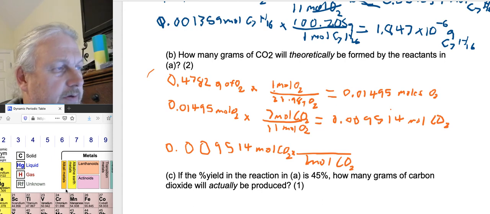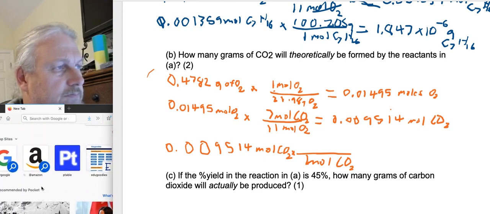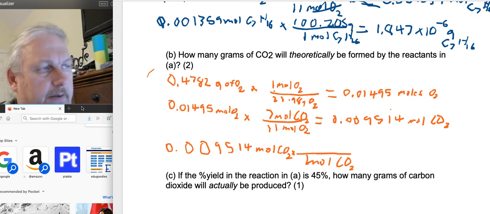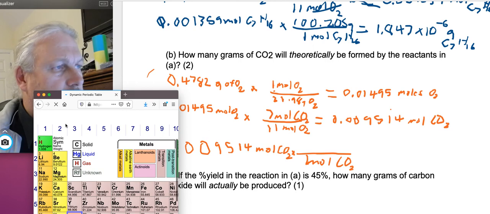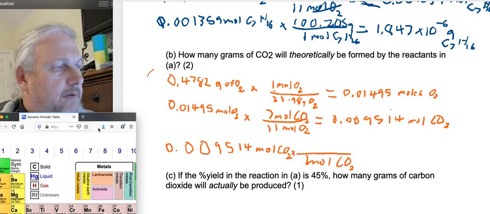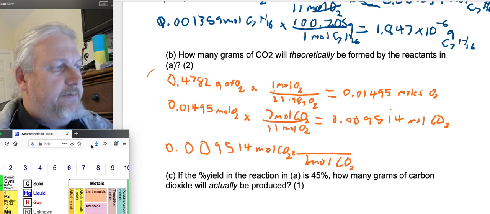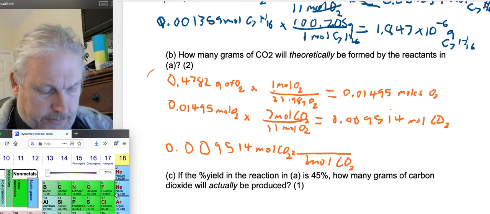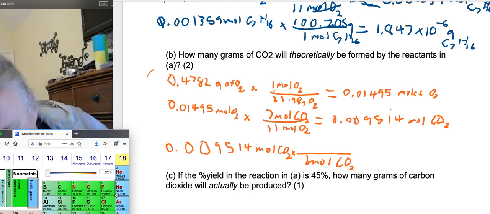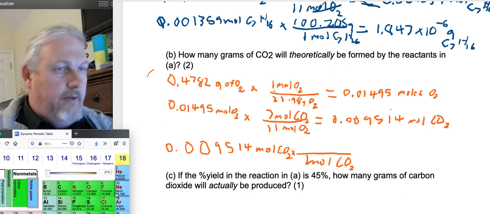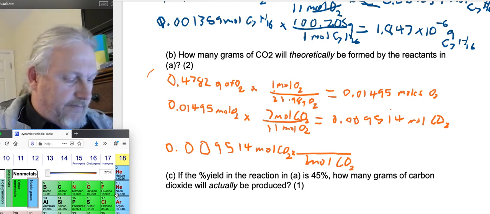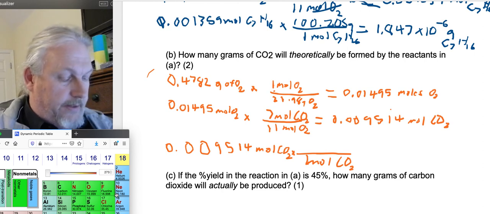Let me get the periodic table. We're looking at carbon and oxygen; hydrogen doesn't even come into play. So we have 1 carbon, 12.011, plus 2 times 15.999.